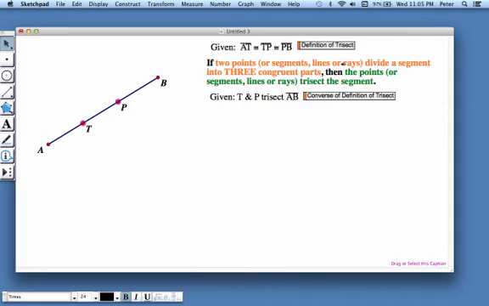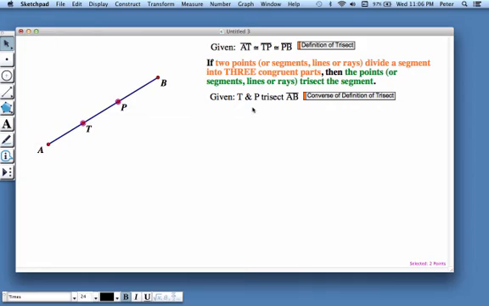These parenthetical statements here in the middle just show that segments, lines, or rays could be substituted in for the word points, both in the hypothesis and the conclusion. But once again, you see that the given information, that we have 2 points dividing a segment into 3 congruent parts, is the if. Always what we're given is the if.